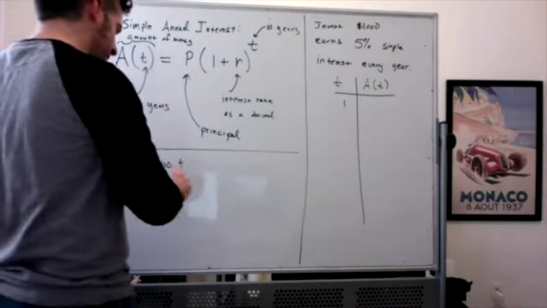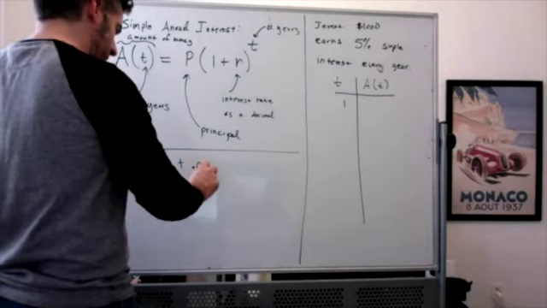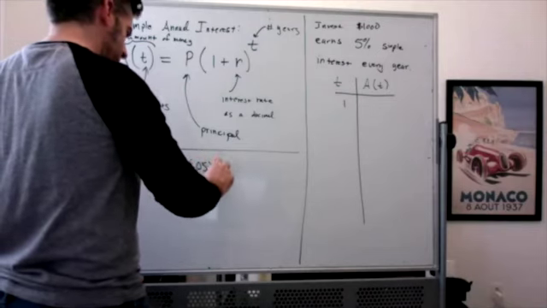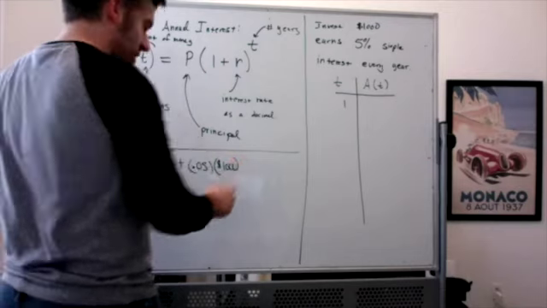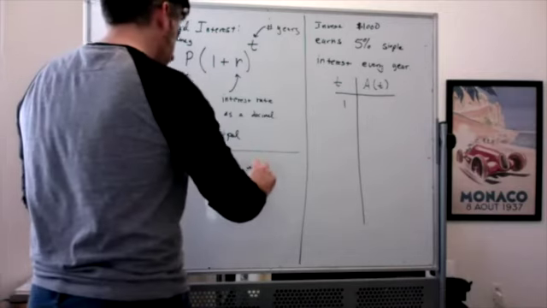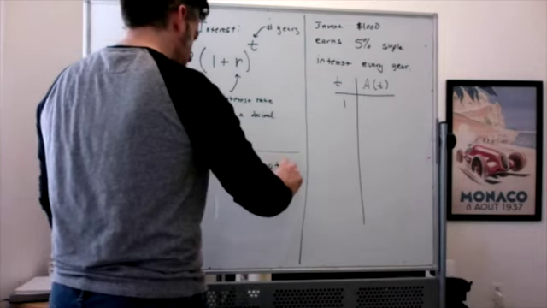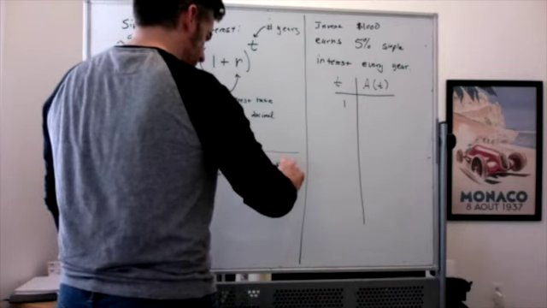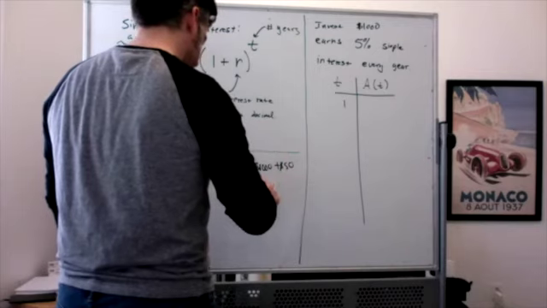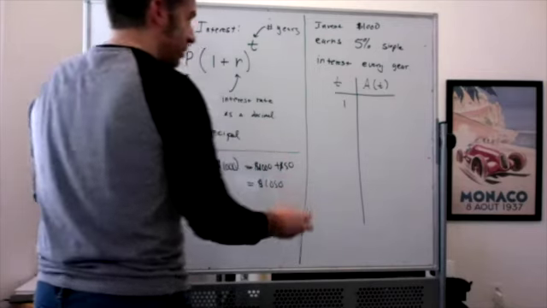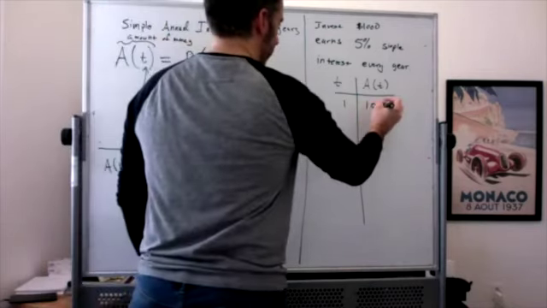So 5% of the $1,000 is 0.05 times 1,000, which is $50. So that's going to be 1,000 plus 50, 1,050. So after 1 year, I have $1,050.